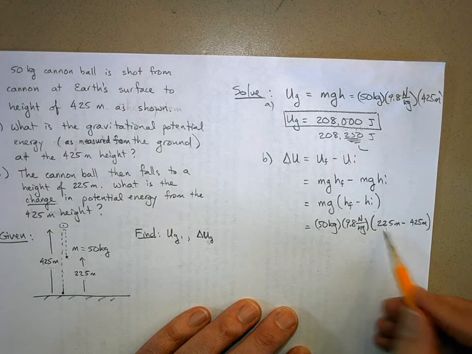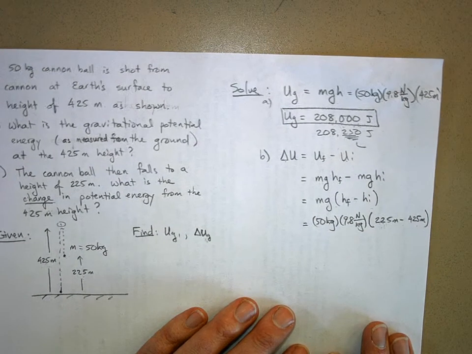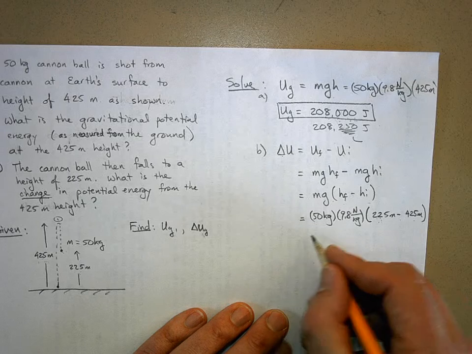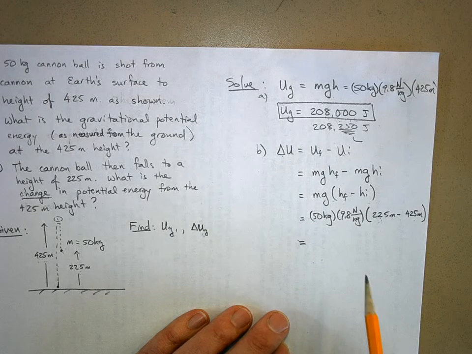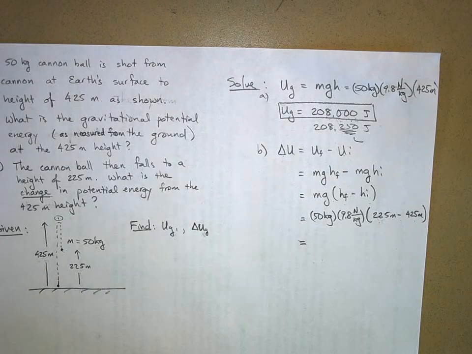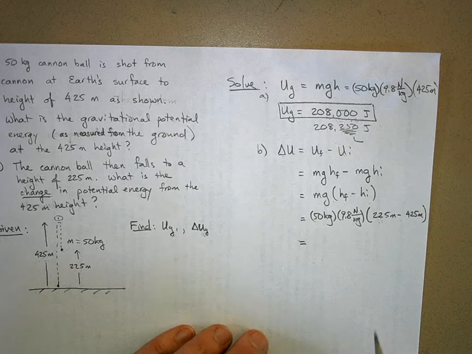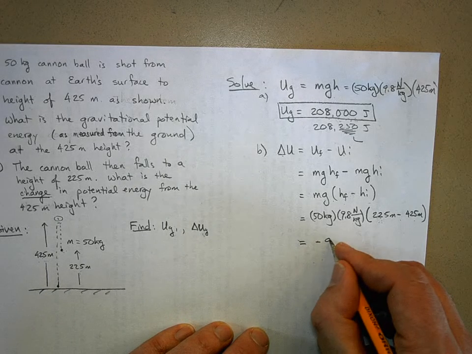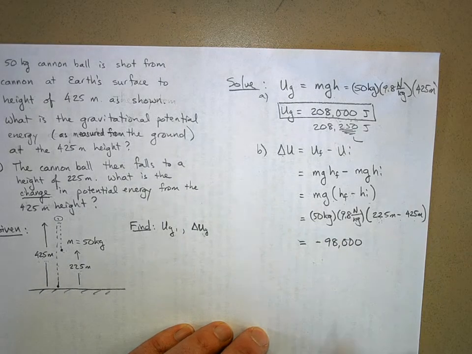That's h final minus h initial. And when you do the calculations, what do you get? Negative 98,000 joules. Okay?